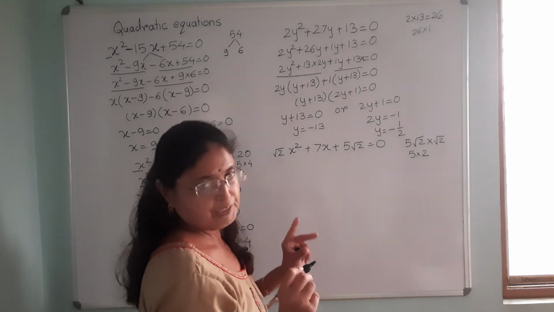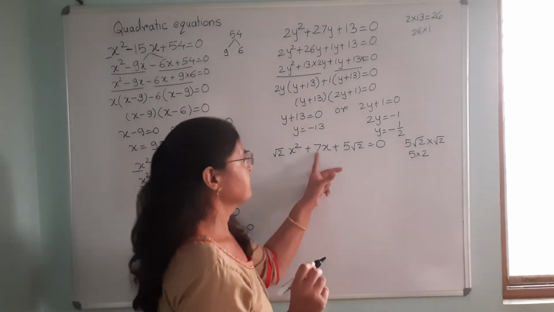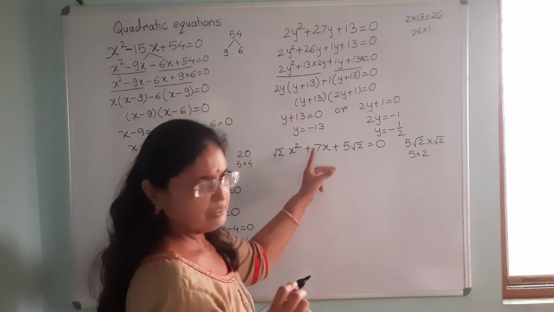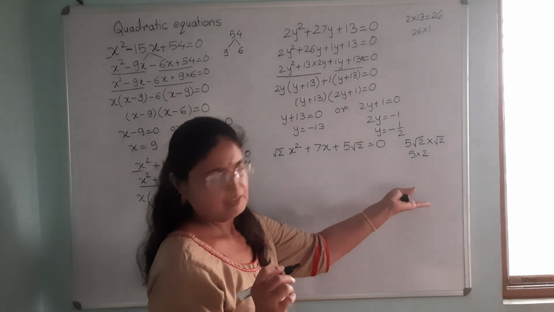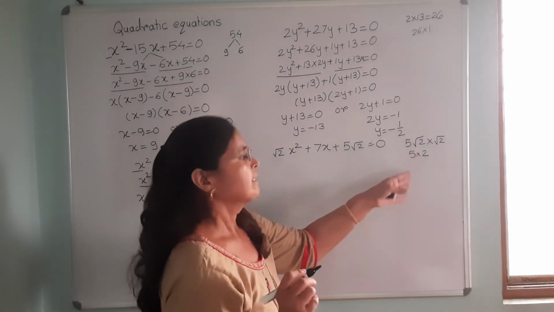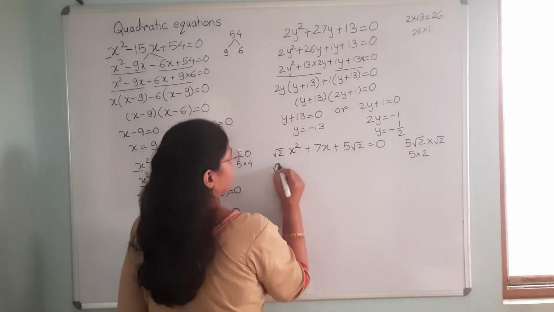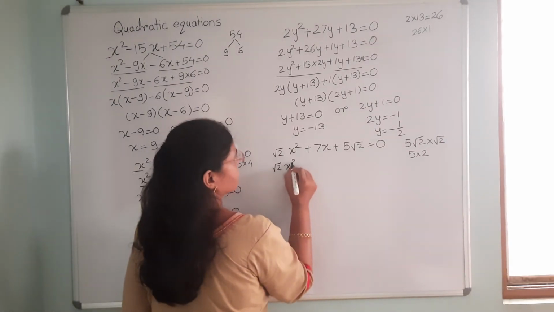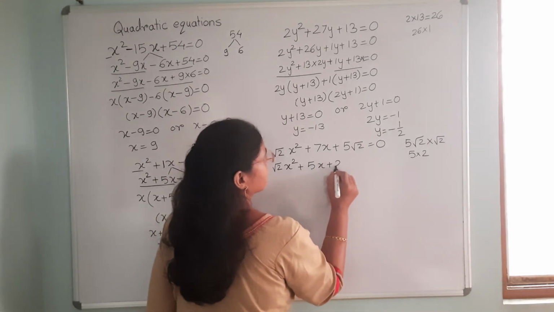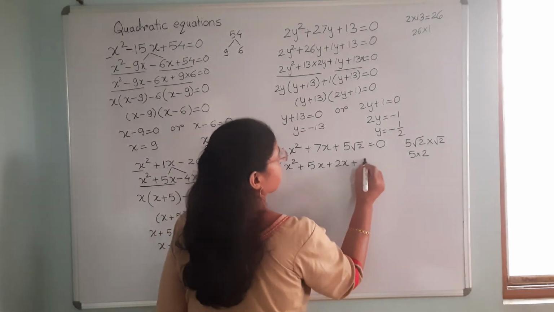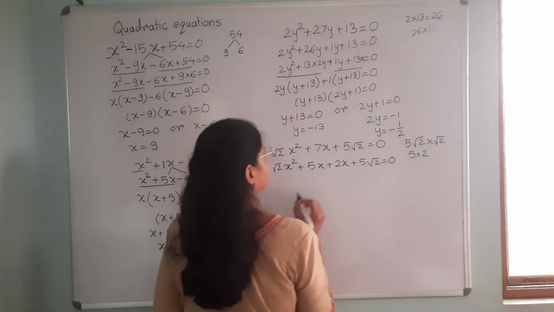And we have to find the factors of 10 such that their sum should be 7. And 5 and 2 are factors whose product is 10, so we will take them. Under root 2 x square plus 5x plus 2x plus 5 under root 2 equal to 0.